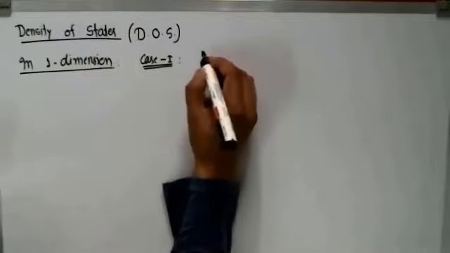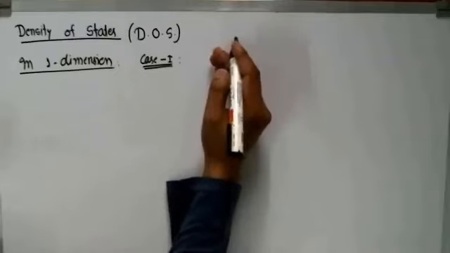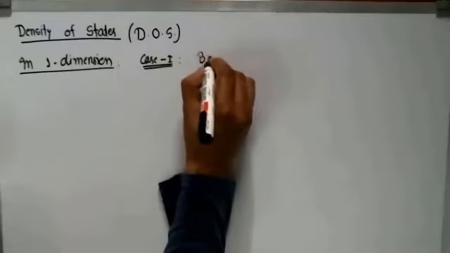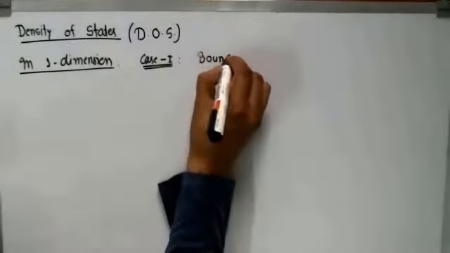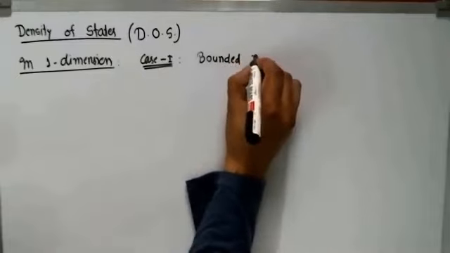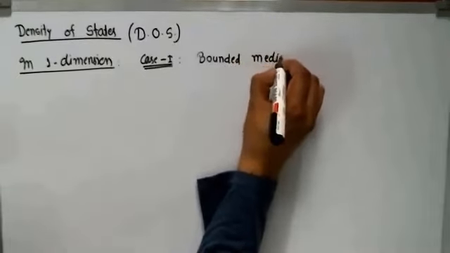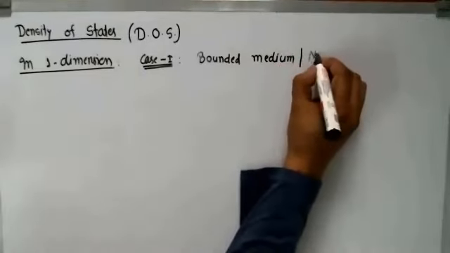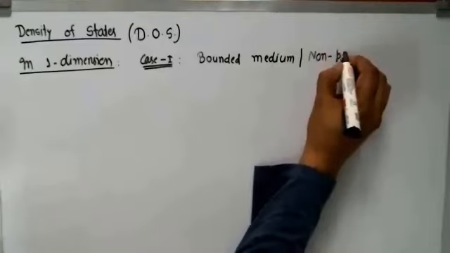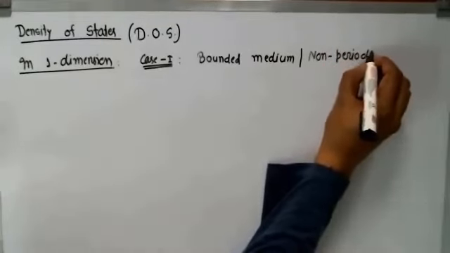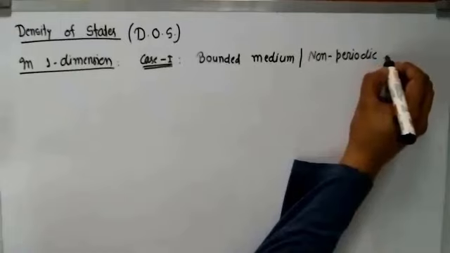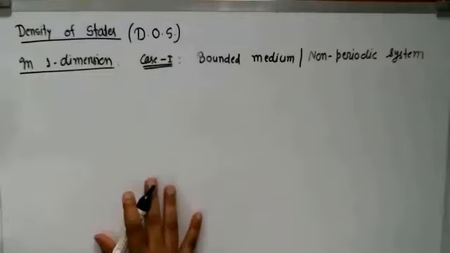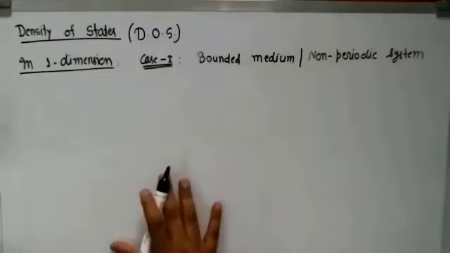In the first case, I deal with a system which has defined boundaries. I will deal with the density of state for a bounded medium, and the bounded medium is always going to be non-periodic, so I can also say it is a non-periodic system. So that is case number 1.